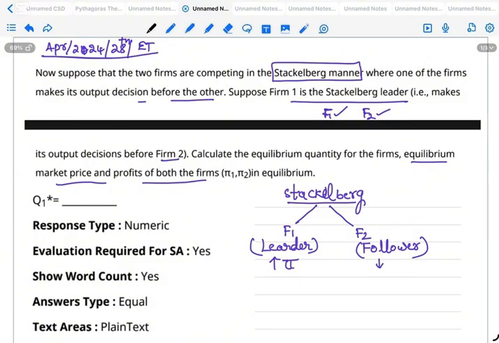First mover: the decision will be taken first by firm 1, that is, the leader will take the first decision, and the follower will take the next decision based on the leader's decision. Stackelberg manner, you can remember, is sequential decision making.